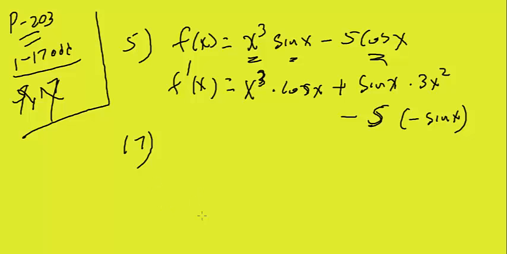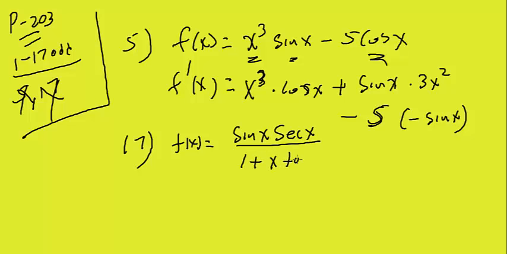Okay, 17. I have f of x is equal to sine of x, secant of x, all that over 1 plus x tan x. Okay, sometimes you look at that and that looks pretty ugly.